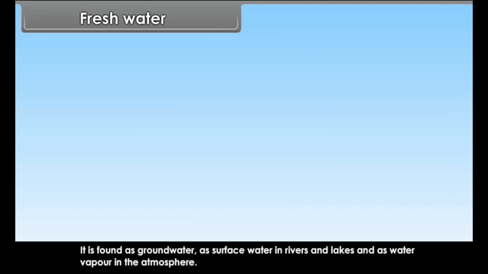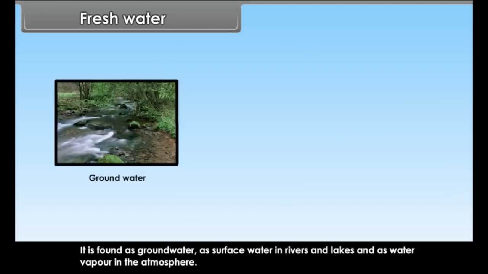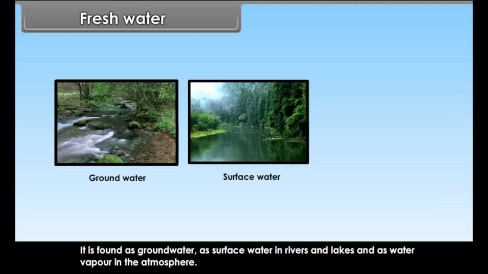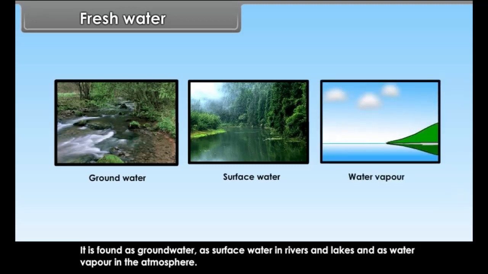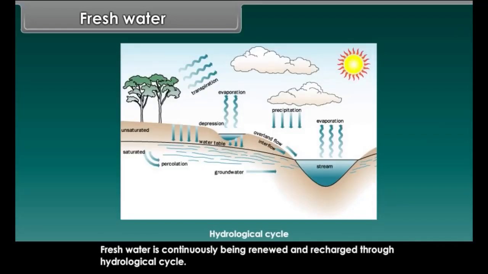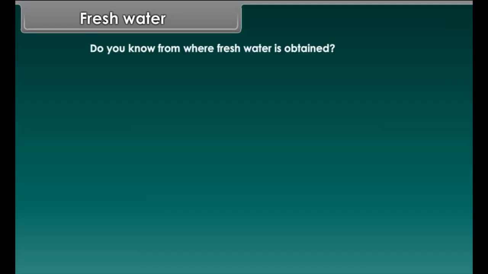It is found as groundwater, as surface water in rivers and lakes, and as water vapor in the atmosphere. Fresh water is continuously being renewed and recharged through the hydrological cycle. Do you know from where fresh water is obtained?